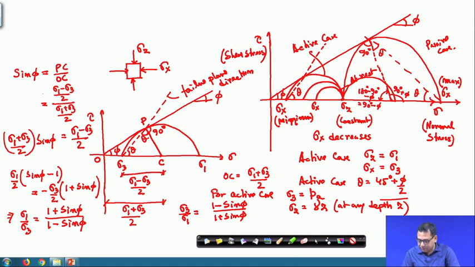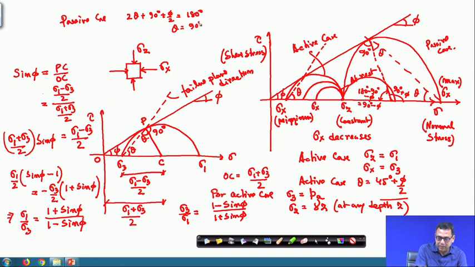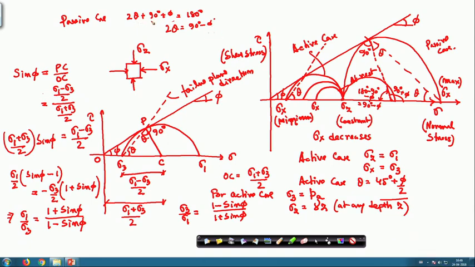So, now we can write for the passive case, 2 theta plus 90 degree plus phi is equal to 180 degree. So, 2 theta will be 90 minus phi.